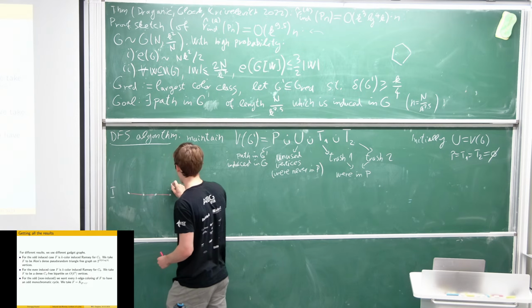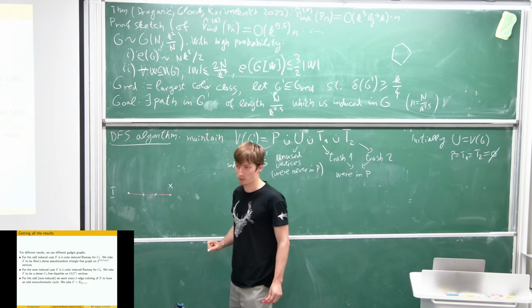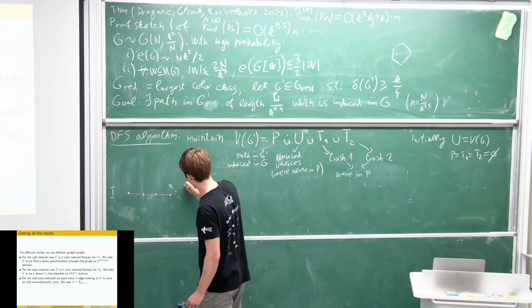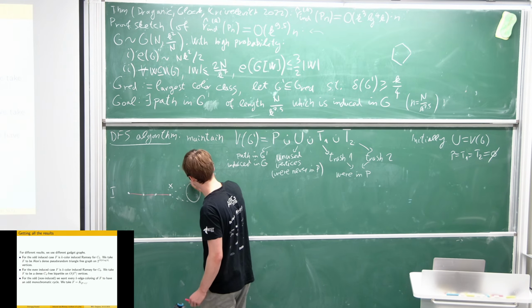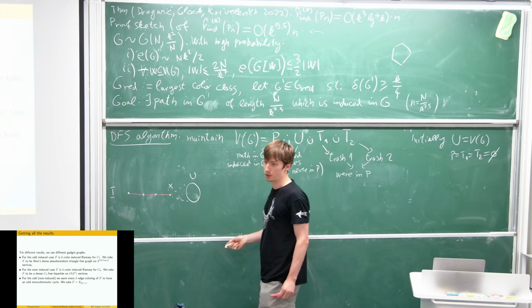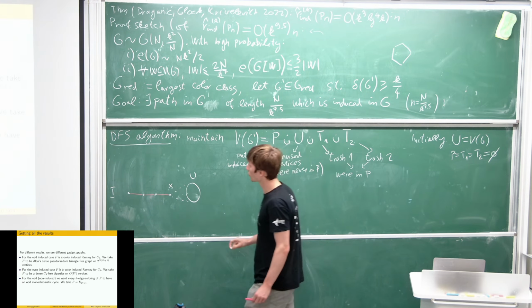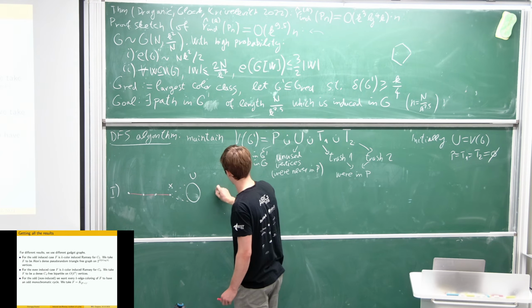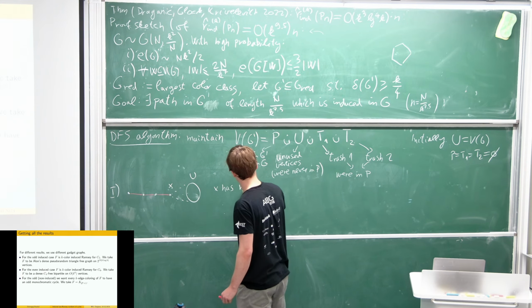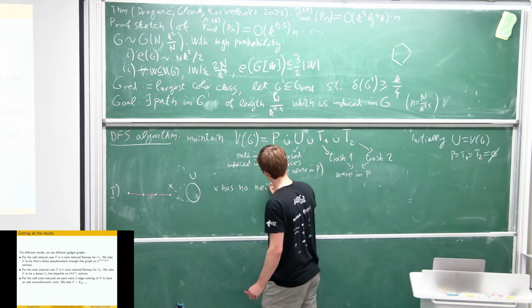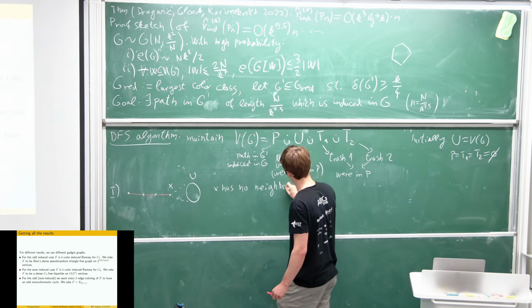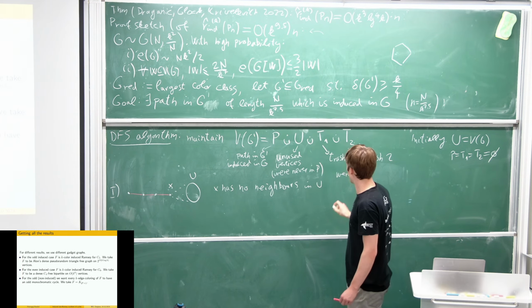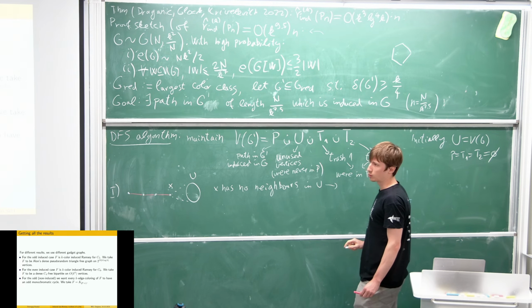So let me denote by X the last vertex on this path. So case 1, X has no neighbors in U. So what do we do?